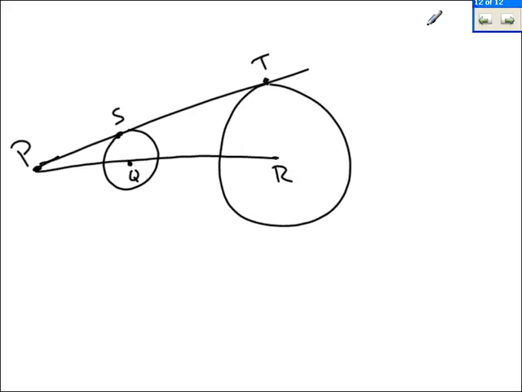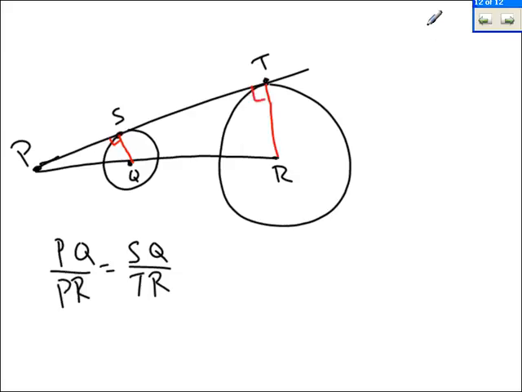They want us to conclude that, say, PQ divided by PR is SQ divided by TR. Whenever I see ratios, I think similar triangles. Well, remember that the point of tangency to the center of a circle, they meet at right angles. This is a right angle.